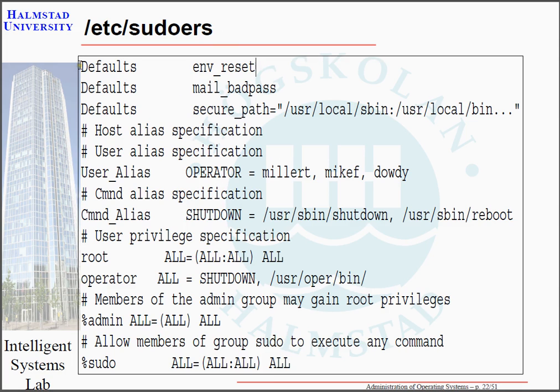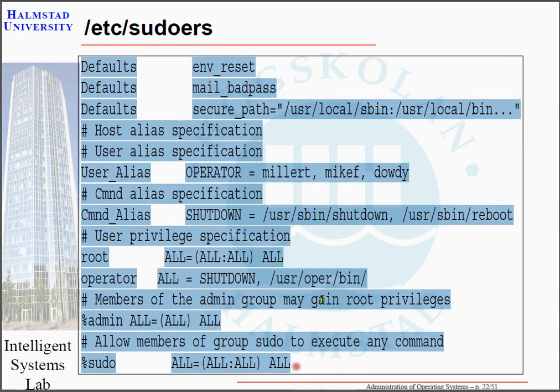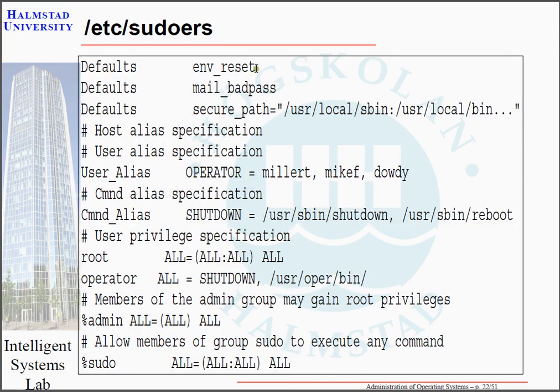Imagine a machine which is used by a lot of different users, and you want some of them to help you in administering it, when there are some simpler things that you want them to be able to do. There is a pretty common pattern where you have some users who are, let's call them operators, and the operators are able to use some of the commands, but not all of them.